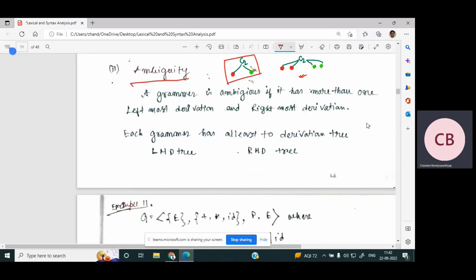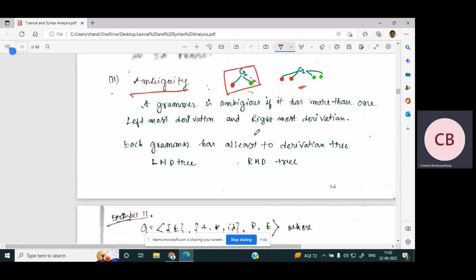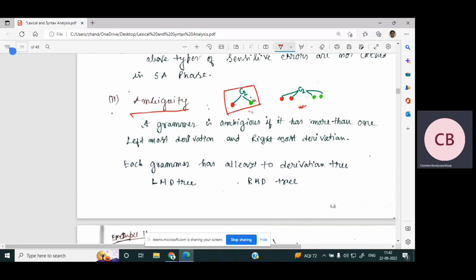If the other architecture is followed, then it is ambiguous. Now, just remember that the red dot means LMD, leftmost derivation, and the green dot means RMD, rightmost derivation. So what is LMD and what is RMD? We will look at that shortly.